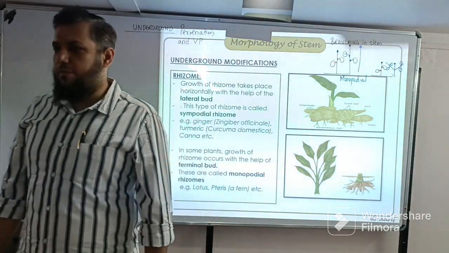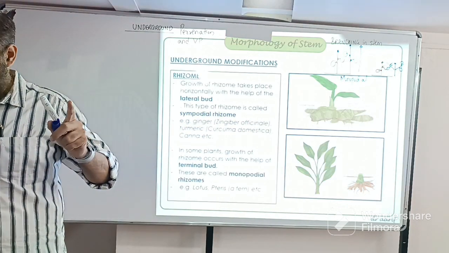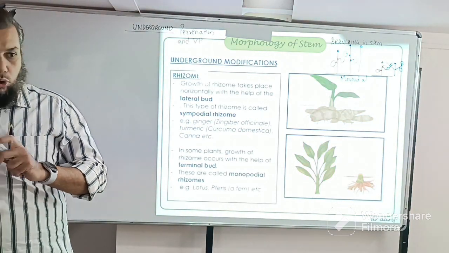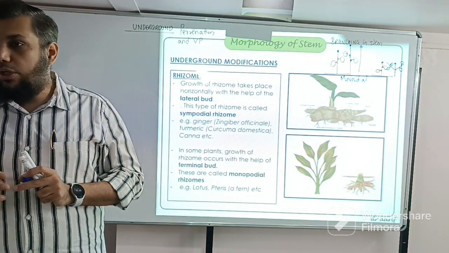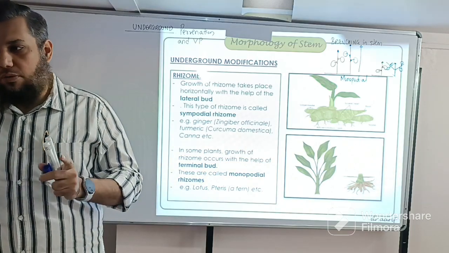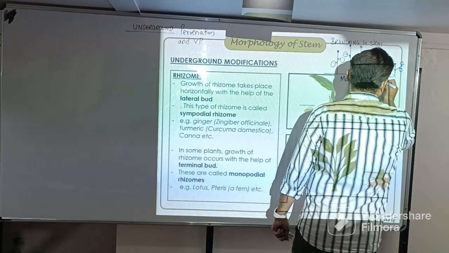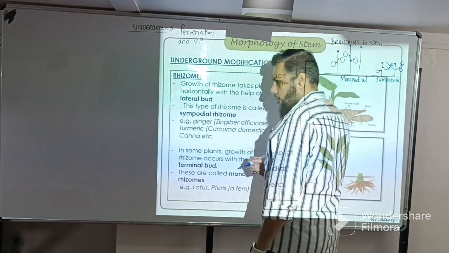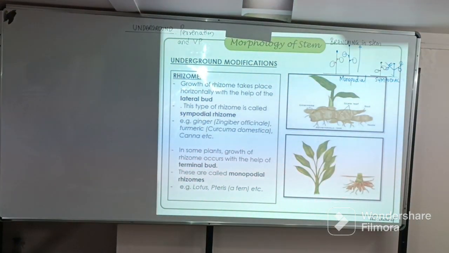So now this particular stem will have a single axis of growth or many axes? Many axes. Have you seen a mango tree? Does it have side branches? Yes. So who grew these side branches, apical bud or axillary bud? Axillary bud. So does it have a single axis of growth or multiple axes of growth? Multiple axes. So such a stem will be called sympodial. Sympodial. You understood my point? Did the class follow?